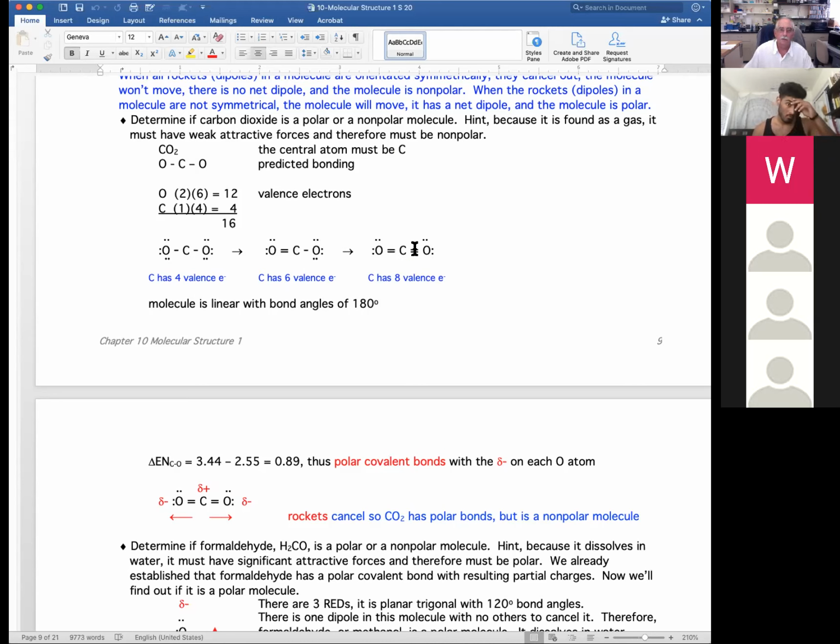The bond angle here, with 2 regions of electron density, is 180. Well, let's find out whether these bonds here are rockets or not. The difference in electronegativity, 3.44 minus 2.55 for carbon, is 0.89.